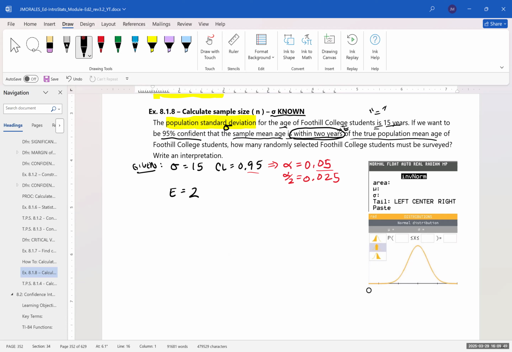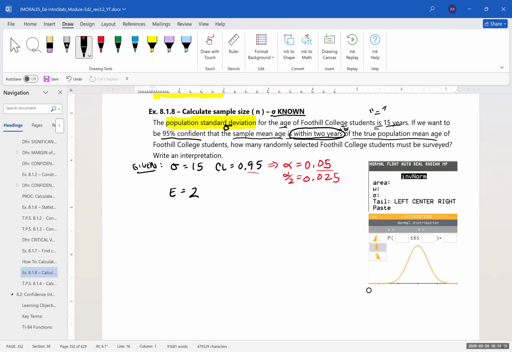So we want to make sure that when we conduct this survey, we're surveying enough students that we're going to get opinions from students that are within 2 years of the average age of students. So either 2 years older or 2 years younger.